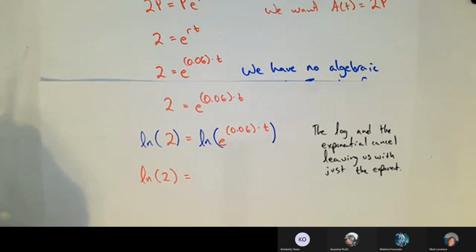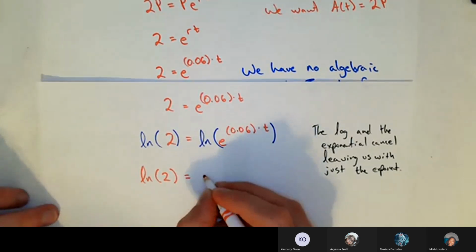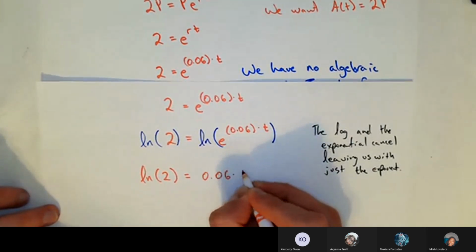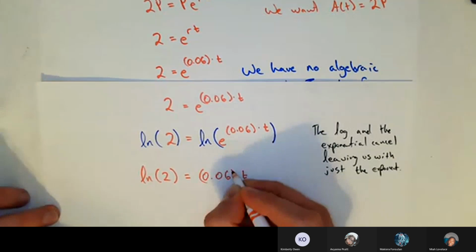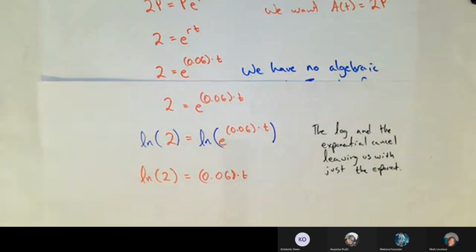Why do they do that? Because the base of the log and the base of the exponential match. So all I'm left with is 0.06 times t. I can leave that in parentheses.